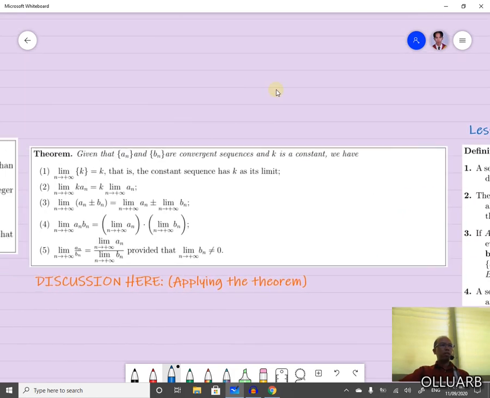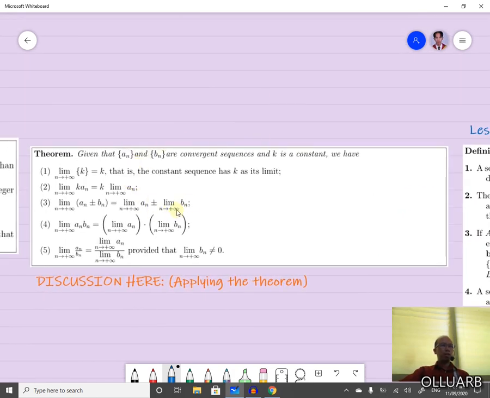But before that, if you remember this theorem, this is true also in your calculus 1 subject. The limit of a constant sequence is a constant. The limit of a constant times the sequence, you can factor out the constant from that sequence.